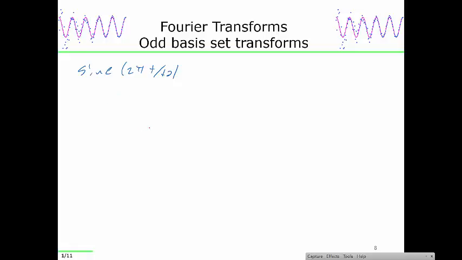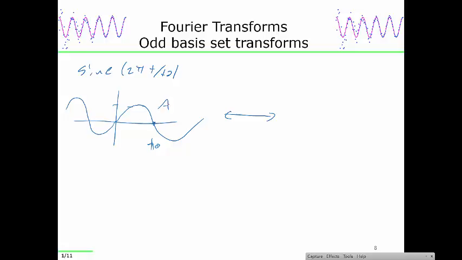So for the sine function, it has a characteristic crossing at t0 if it's defined this way. If it's defined as 2 pi t over t0, then the first zero crossing is at t0. And this is an amplitude of A and a characteristic time of t0.